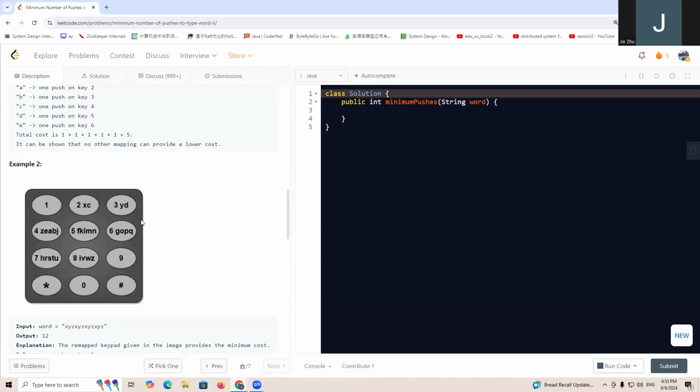There are 26 characters, which we split as 7, 7, 7, and 5.